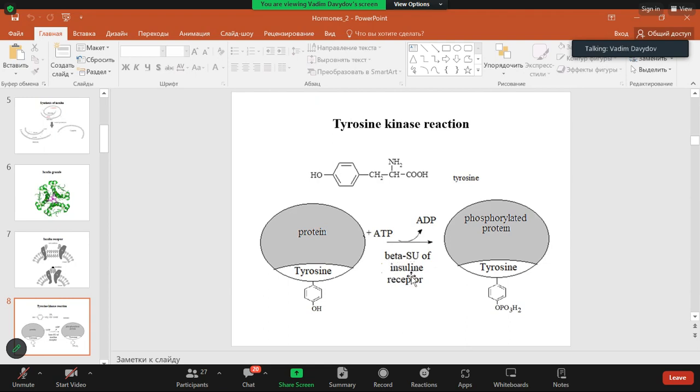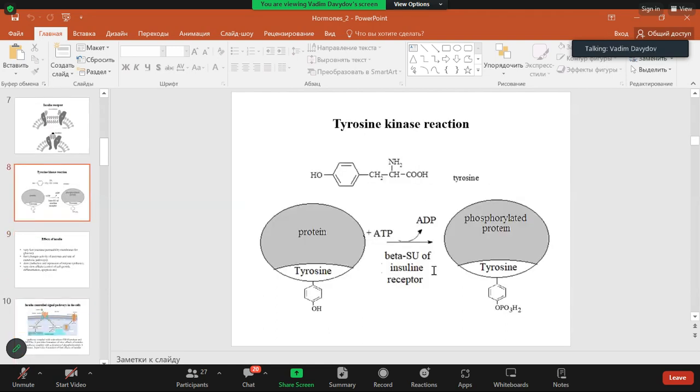The beta subunit of the insulin receptor may catalyze phosphorylation of protein only by binding a phosphoric acid residue with a tyrosine residue, which is included in the structure of the polypeptide chain. For that reason, that subunit of the receptor possesses so-called tyrosine kinase activity.